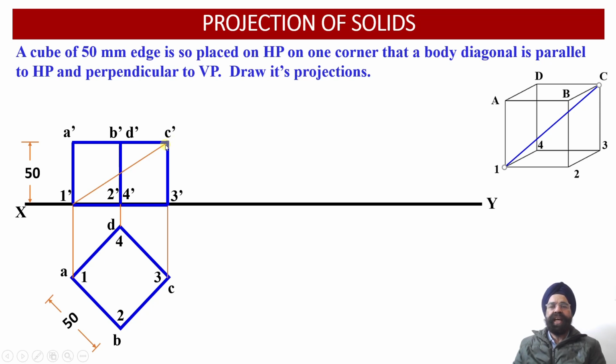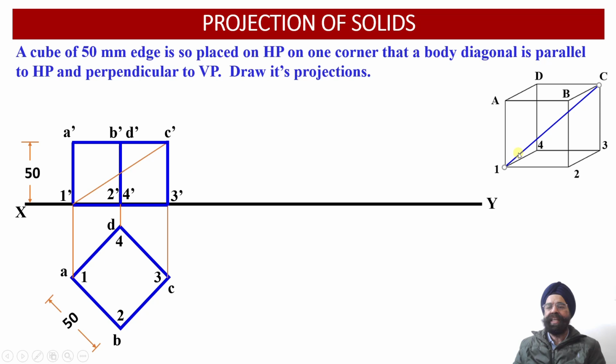Now, in the first iteration, we have not been provided with the angle of inclination of this cube with respect to the horizontal plane. Now we have been provided with this information that as we tilt or incline this cube with respect to the horizontal plane, it has to be inclined to the extent that this body diagonal, that is 1 dash C dash, which we can see is inclined, represented as an inclined construction line.